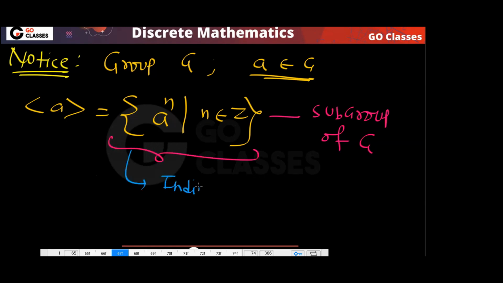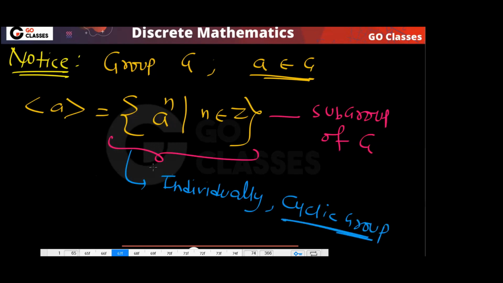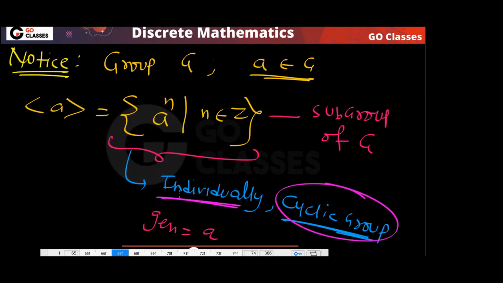Individually, this is a cyclic group with the generator equal to a. a is the generator.